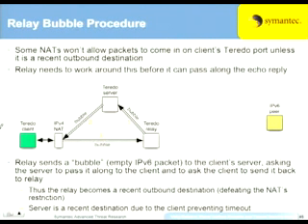Simple, right? So by doing that, the relay becomes a recent destination of the NAT, and at that point the relay can just directly send packets in, basically bypassing the NAT's restriction. And the server is always maintained as a recent outbound destination.